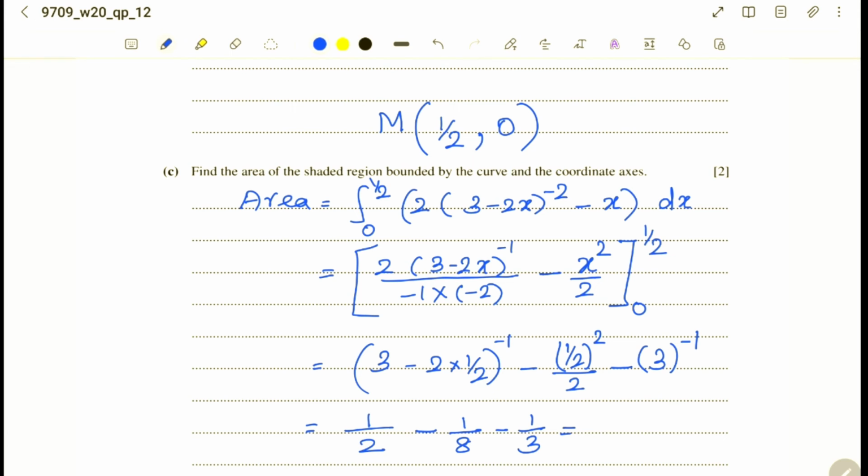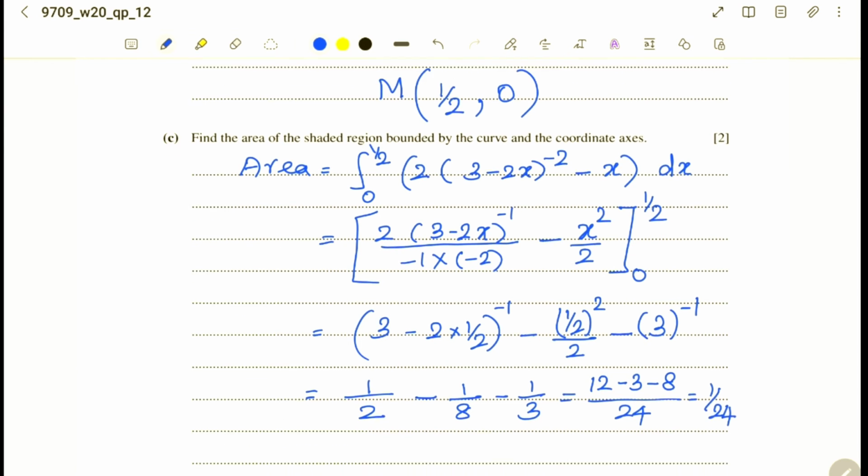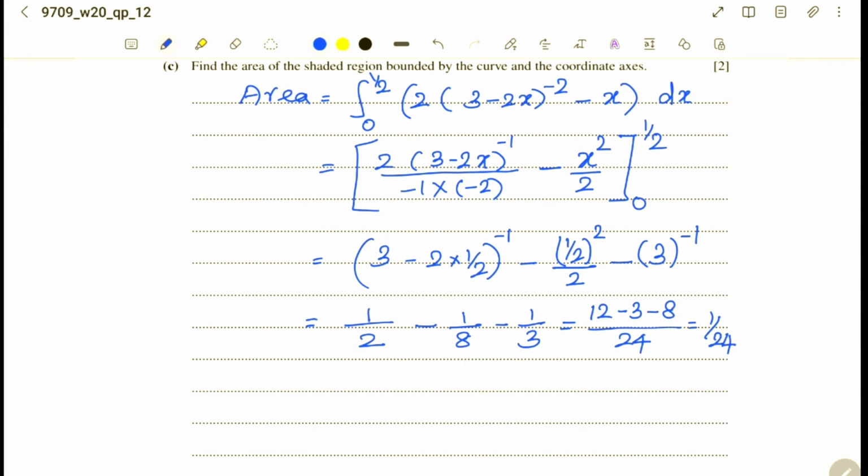Take LCM, you will get 24, 12 minus 3 minus 8. So 1 over 24. So the area of the shaded region is 1 over 24.